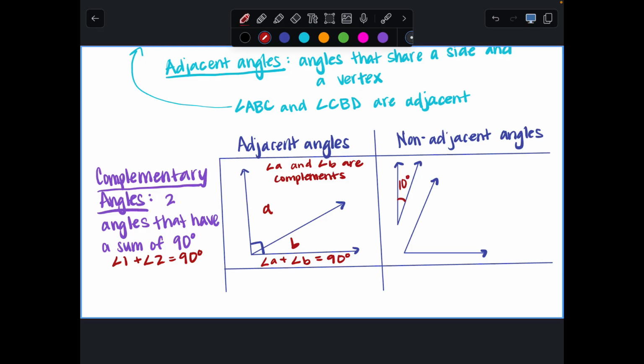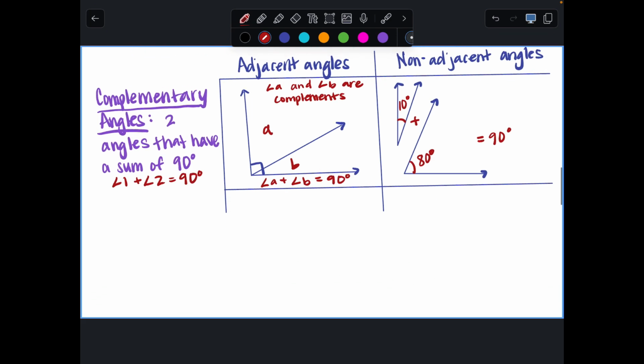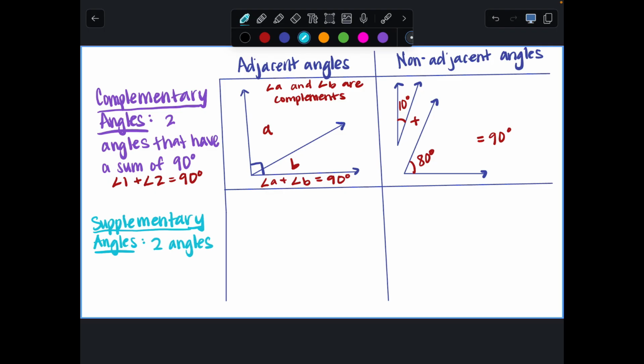So if this one is 10 degrees and this one is 80 degrees, and they equal 90, they are also complementary. Supplementary angles are two angles that have a sum of 180.